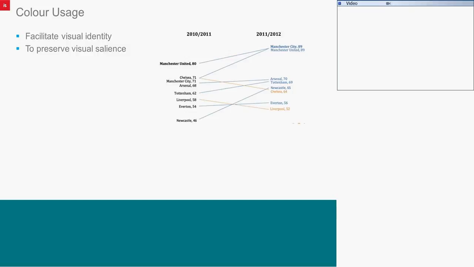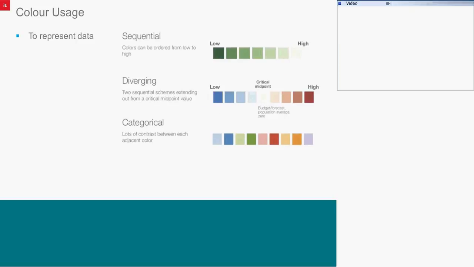To facilitate visual identity and to preserve visual salience. So whenever we talk about salience, we talk about it standing out relative to the background. Present data. We're looking at, you can use sequential, which will allow you to show a degree of change from low to high.